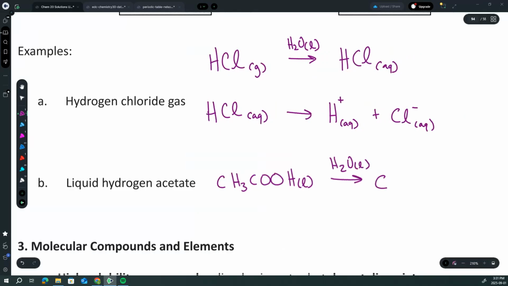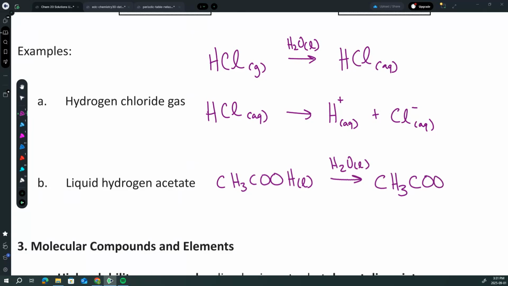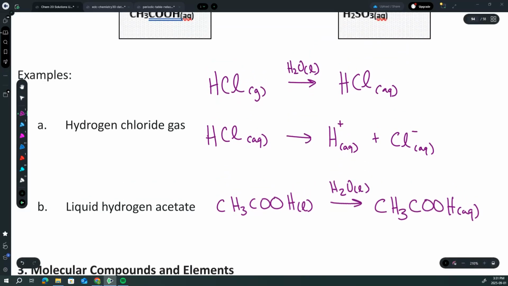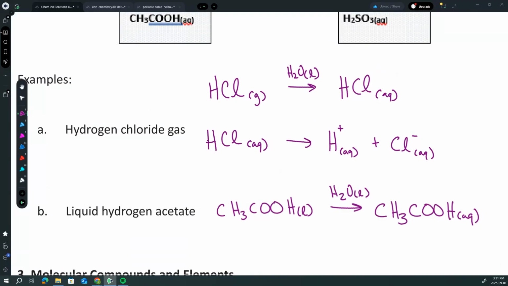Okay, so this is just showing that it dissolves in water. But after it's put in water and dissolved in water, it doesn't do anything other than that. Okay, we don't show that it breaks apart into its ions because it is a weak acid.